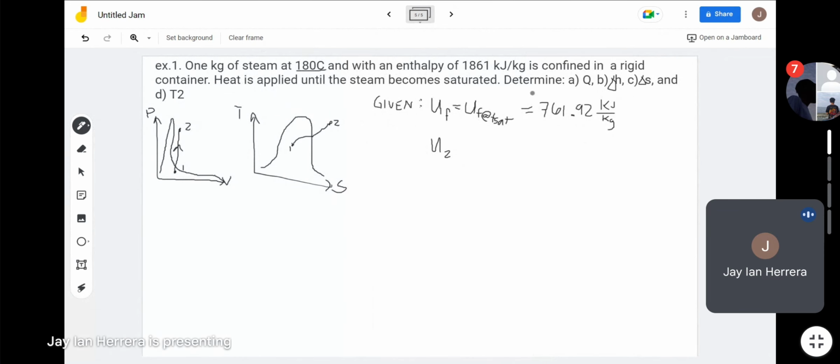So we'll start by getting the quality of the moisture using the enthalpy.